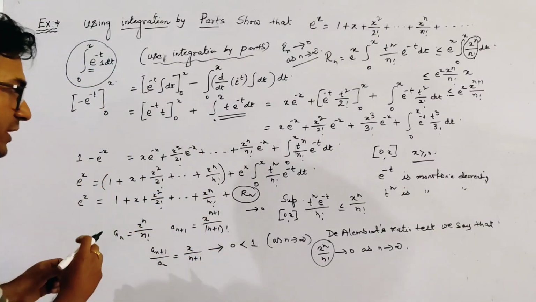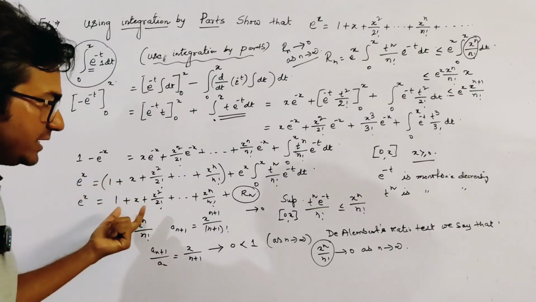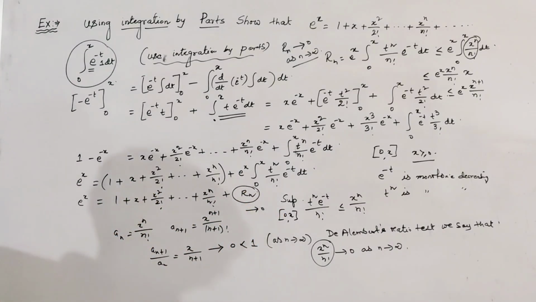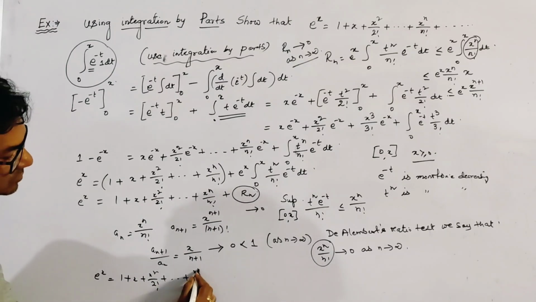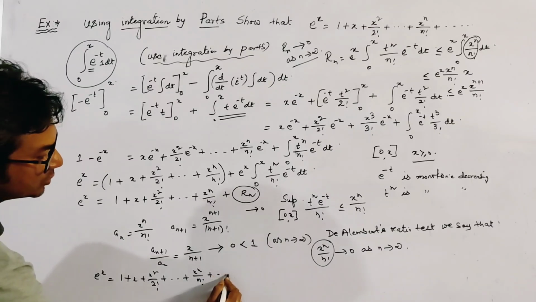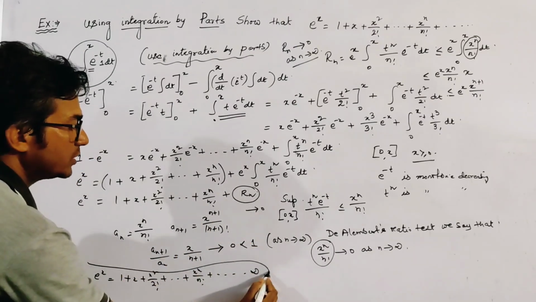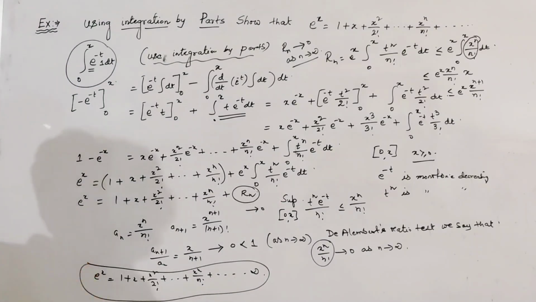So we can expand e to the power x as an infinite series, and the infinite series looks like e to the power x is equal to 1 plus x plus x square by factorial 2 plus up to x to the power n by n factorial to infinity. And this is our proof of this problem.